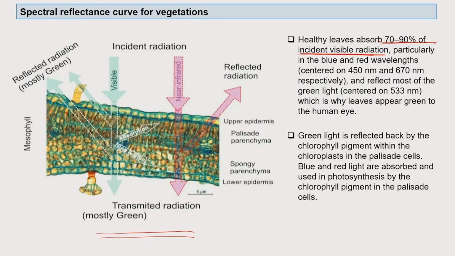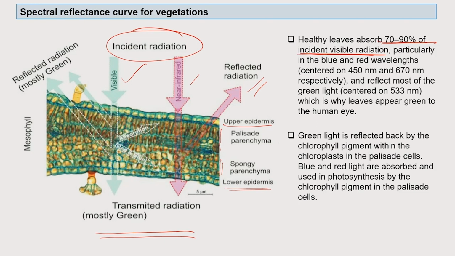So when the incident radiation, meaning sunlight, visible or near infrared, gets inside the plant leaf, some part will get reflected back, some will transmit through, but a major part, 70 to 90%, will get absorbed. Okay, so inside the leaf you can see the structure of the leaf. It has an upper epidermis layer, then palisade parenchyma, then spongy parenchyma, and then the lower epidermis.